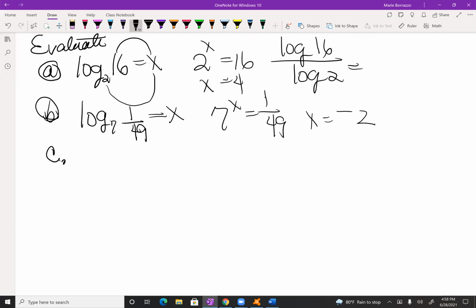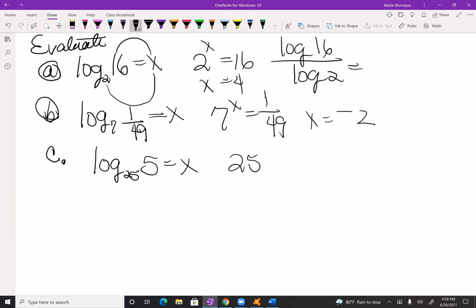Okay, for part C, they give you log base 25 of 5 equals what? They don't give you the equals what, I'm telling you to put equals what. Now we know 5 squared is 25, so the square root of 25.